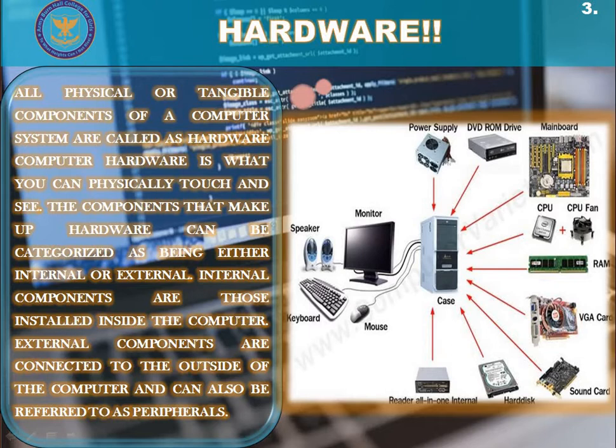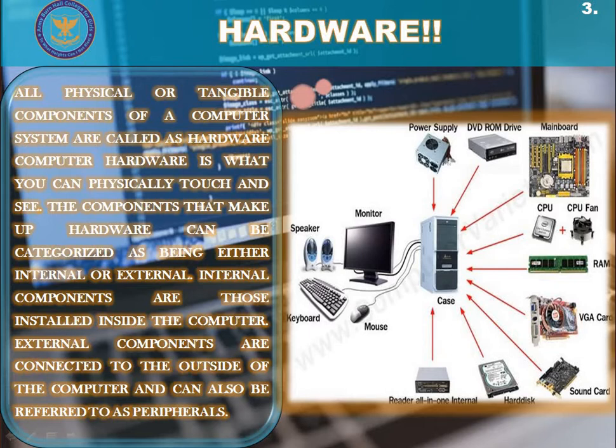Computer hardware is what you can physically touch and see. In simple words, all tangible parts of a computer system are referred to as hardware. The components that make up hardware can be categorized as either internal or external hardware components.